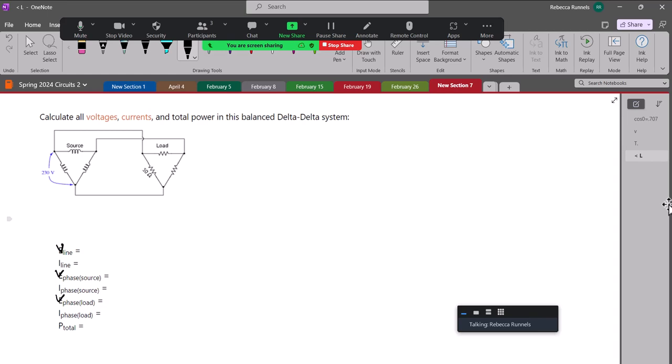Okay, so we need to calculate all voltages, currents, and total power in this delta-delta system. And so which things do we know are going to be the same? And once we have one, we have the other one.